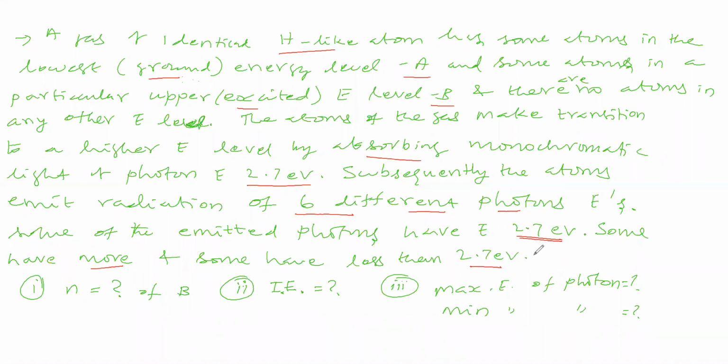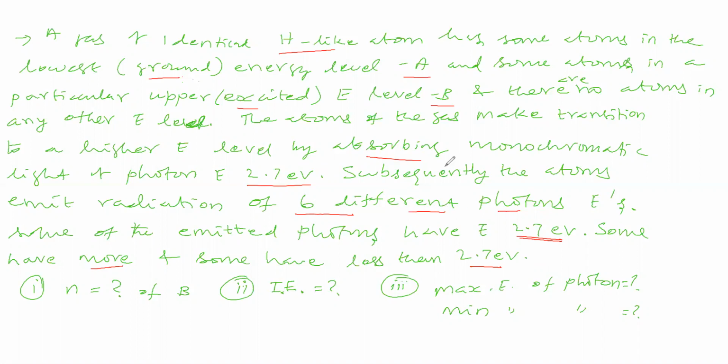Now we will first see what energy level gives 6 different photons. Excited electrons on de-excitation emit 6 different photons. From which level are the electrons jumping? First we will find that.